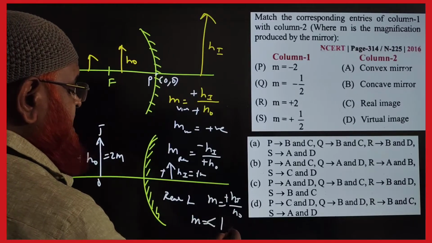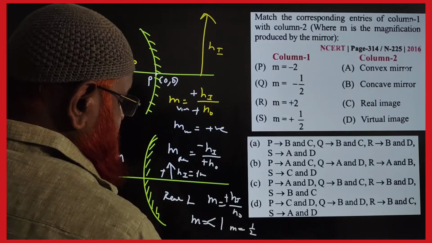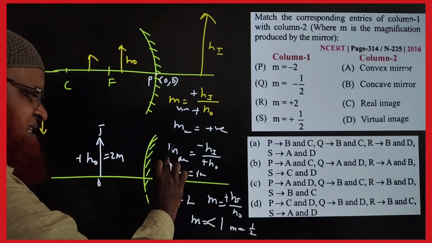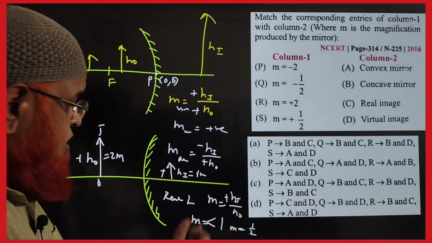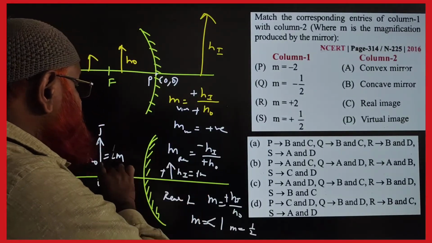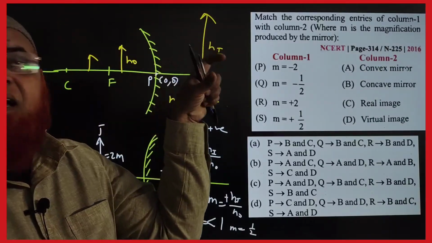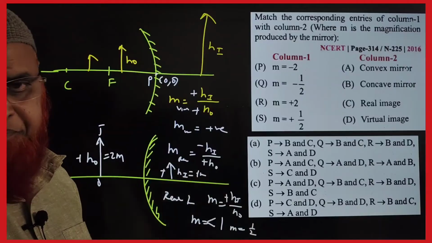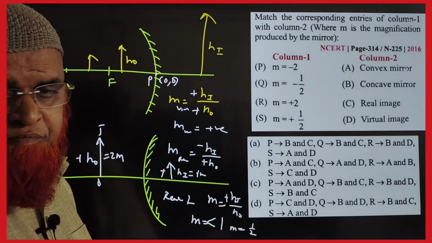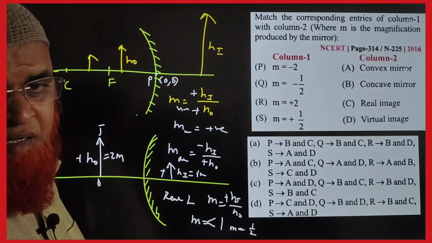So magnification is 1/2, less than 1, because the image size is smaller. In which mirror? In a convex mirror, the image size is smaller than the object. And in a concave mirror, the image size is always bigger.